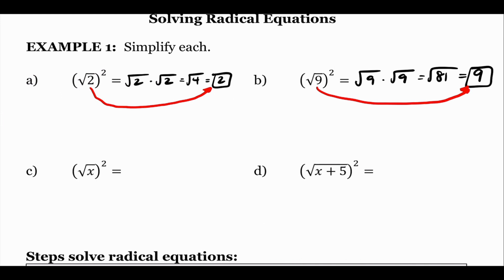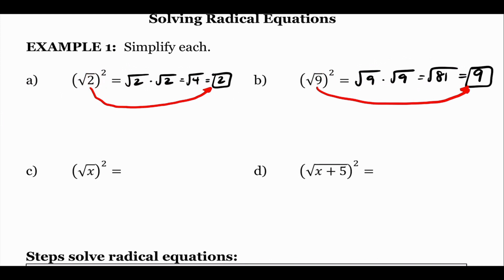You can go from beginning to end without the middle stuff. It doesn't hurt to do it, but it's not necessary, because anytime I multiply a number by itself, I'm going to get one of these numbers, and the square root is always going to be the same number I started with.